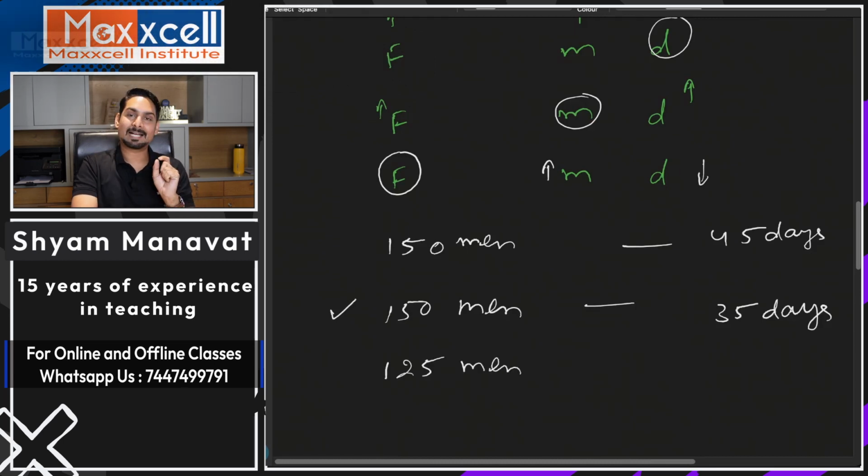In that case, that food which would have lasted for 35 days should now last for more time. If there are fewer people, then the food should last for more time, right? So this should be more. All right.